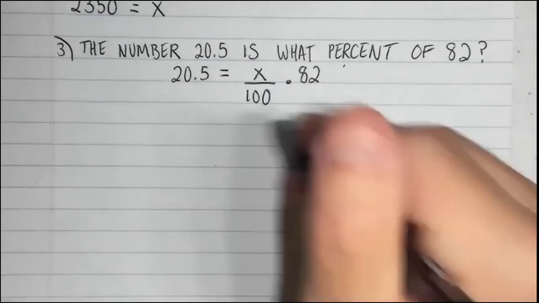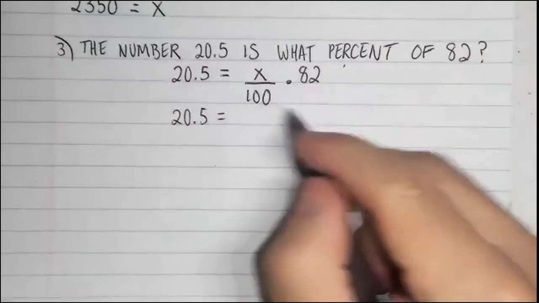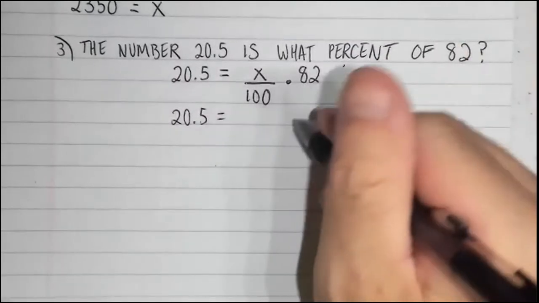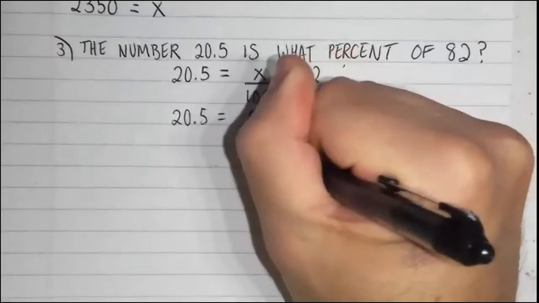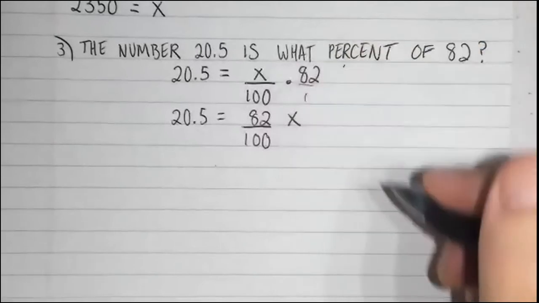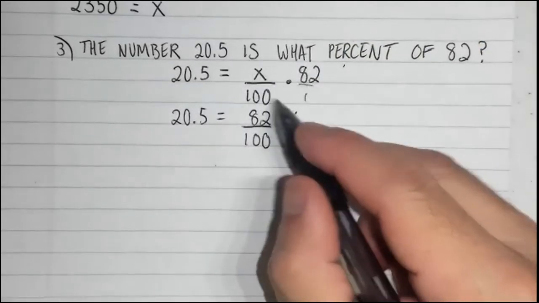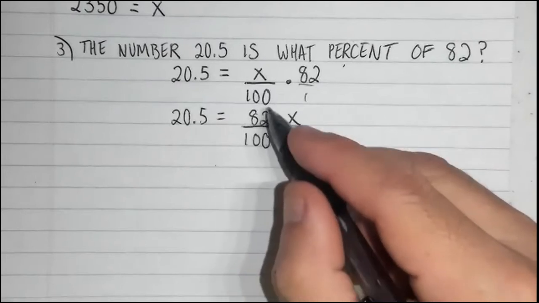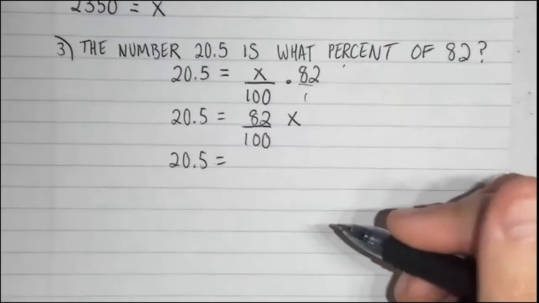So I go 20.5, nothing to do on that side. Now I'm going to write this a little bit differently. Since I am multiplying and I'm going straight across, you're going to have the 82 over 100, and then I'm going to write the x behind it. All right, because 82 times x would be 82x, 100 times 1 would be 100. And then at that point, I'm going to divide 82 by 100.